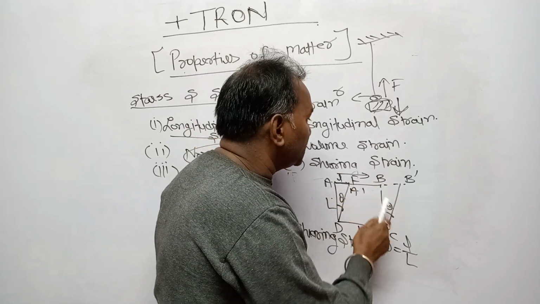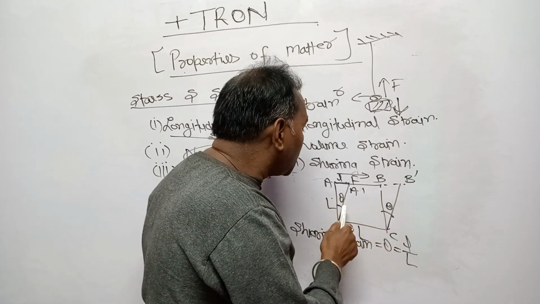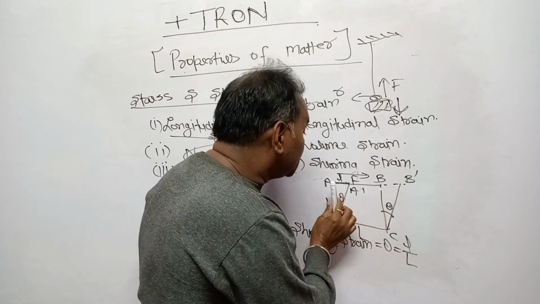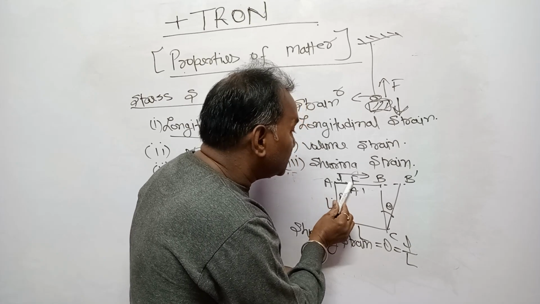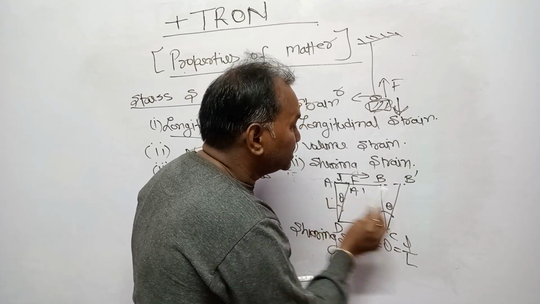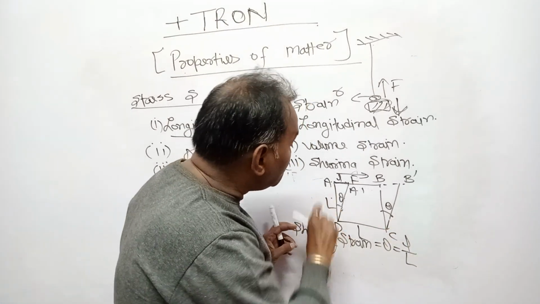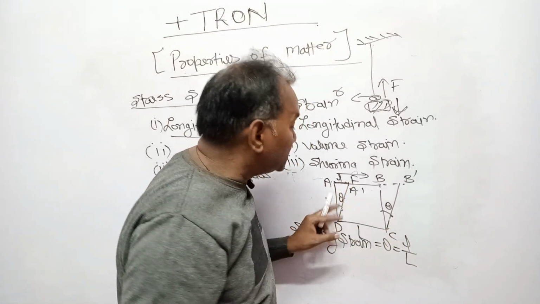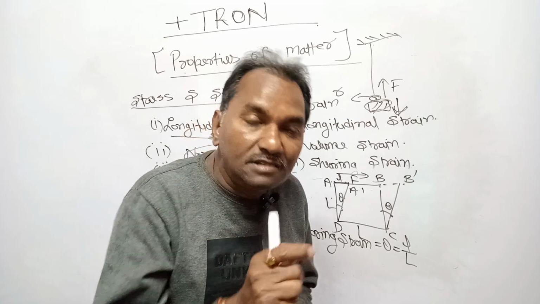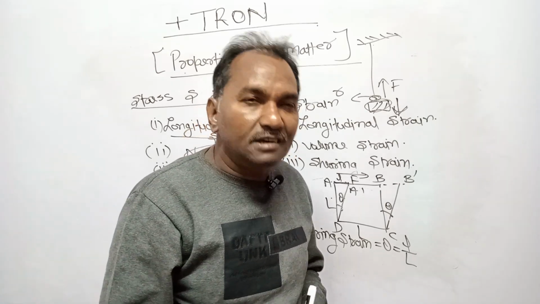Point A goes to A dash, B goes to B dash, and now this wall will be inclined in this way. This wall will be displaced in this way. So this wall AD has been displaced by an angle theta, and this angle is said to be the shearing strain.